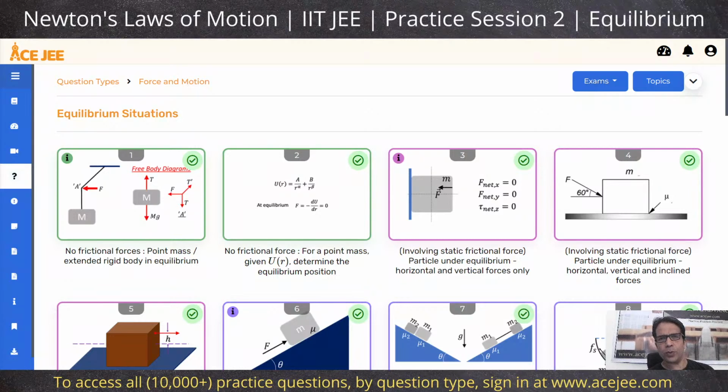If you are dealing with an equilibrium situation, correctly write down summation Fx equals 0, summation Fy equals 0, summation Fz equals 0, and of course the summation of torques about, say, the z-axis is 0, because we tend to deal with forces in 2 dimensions only at this stage.